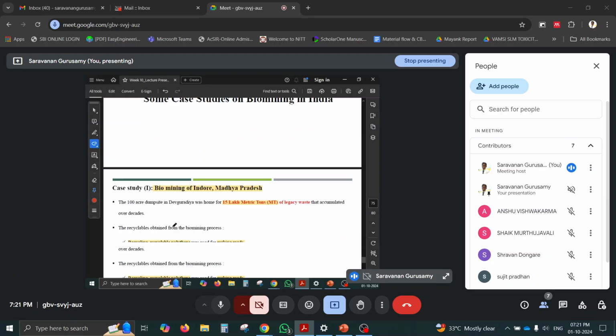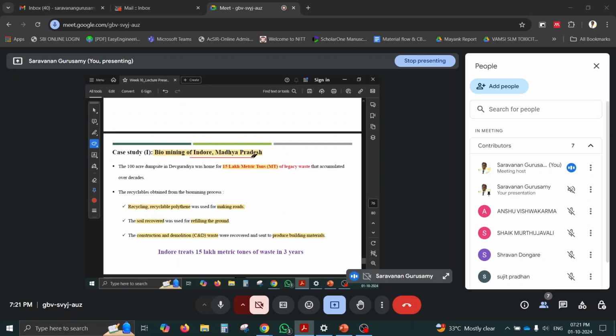If you see some of the case studies, like Indore, Madhya Pradesh, 15 lakh metric tons of legacy waste was cleared. Indore was a pioneer in solid waste management. That's why the Swachh Bharat Mission was initially proposed in Indore only. That's the cleanest city in India.